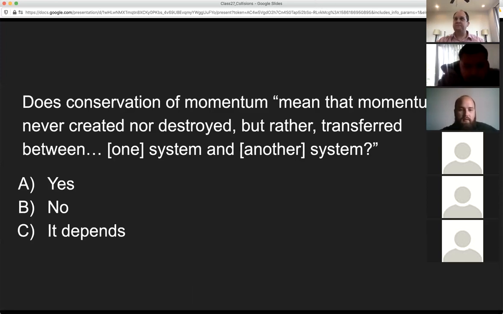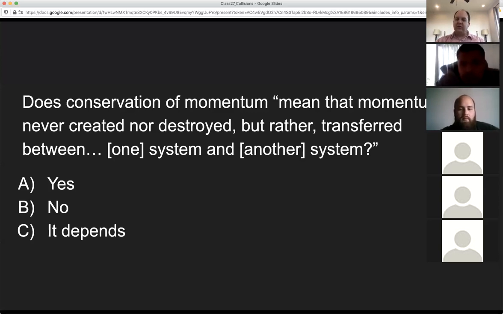If we share the results here, you'll see that most of you said A, yes. That's how I would answer this question. Yes, conservation of momentum means that momentum is never created or destroyed. It can only be transferred.